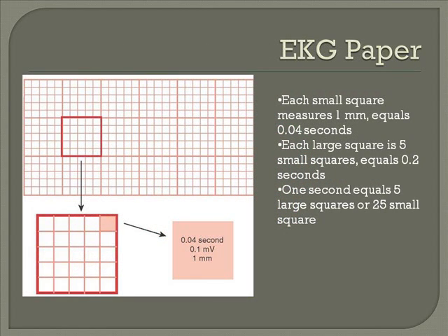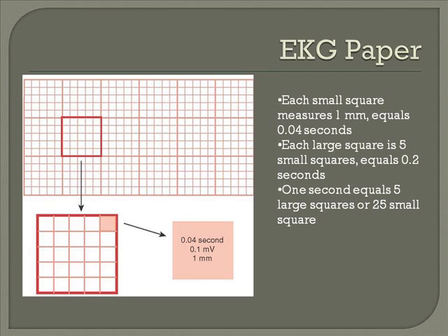Each of these EKGs is printed out on a kind of grid paper. These little boxes going from left to right along the horizontal axis tell us how long it's taking for this impulse to travel through the heart.